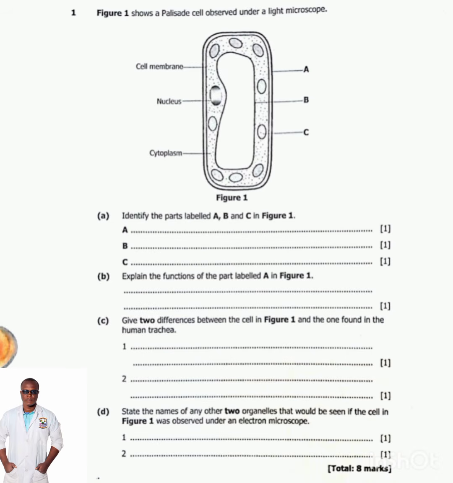They want us to name 2 other parts which can be seen when we put this cell on the stage of an electron microscope. So the other features are, you can see the mitochondrion or mitochondria. You can also see the Golgi bodies. There are a lot.